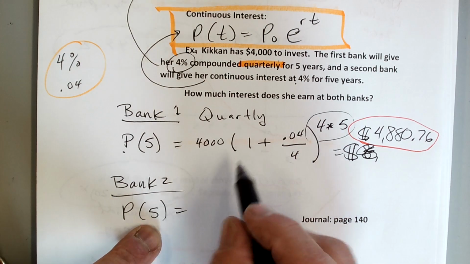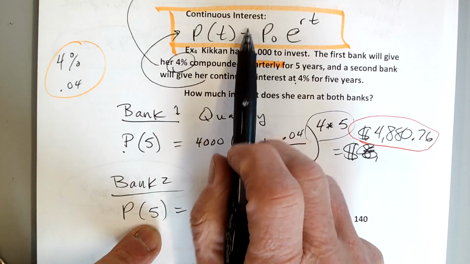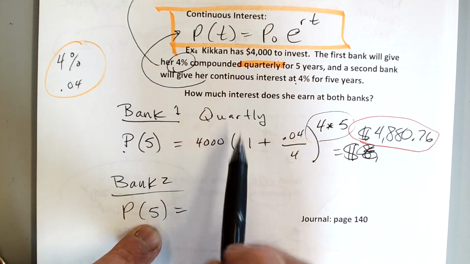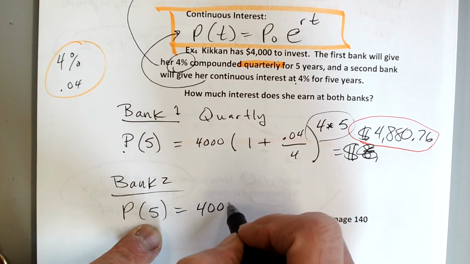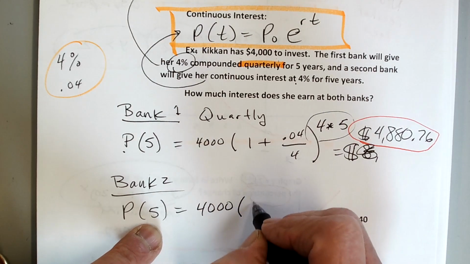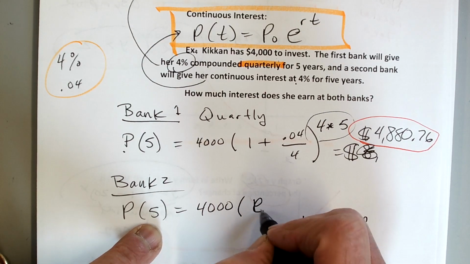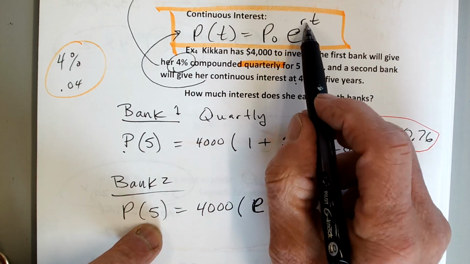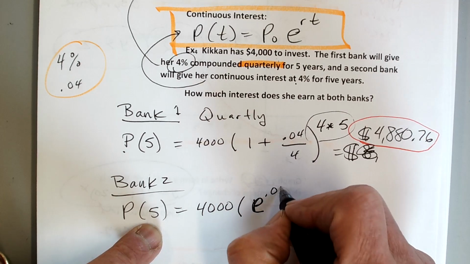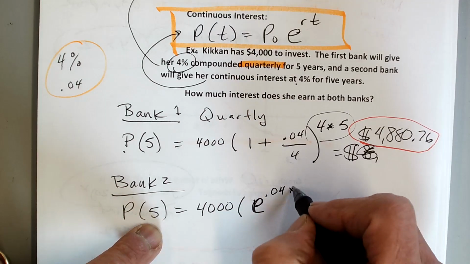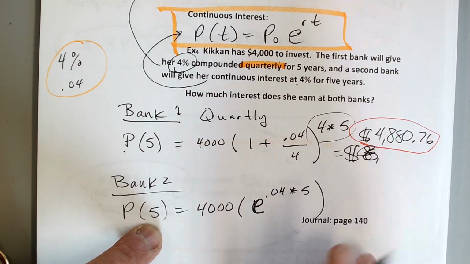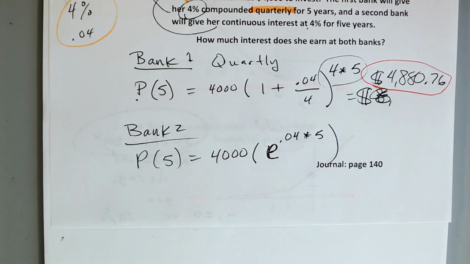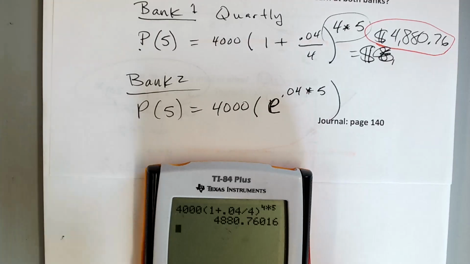It's equal to our initial investment, P0, which is our 4,000, times e to the 0.04, because it's my interest rate, times 5. Okay, and again, I'm going to put this in my calculator. Let's see what happens.